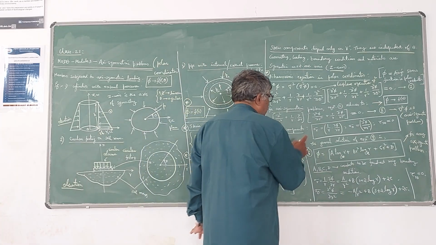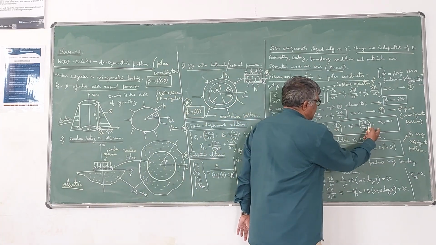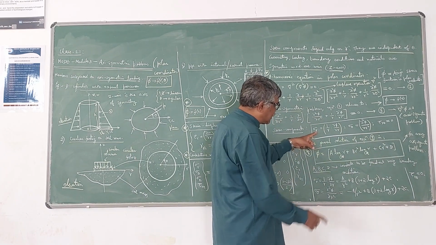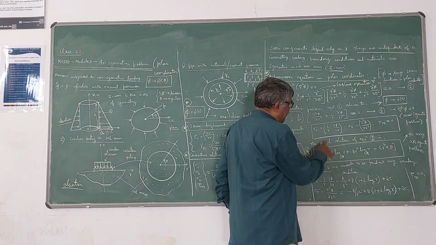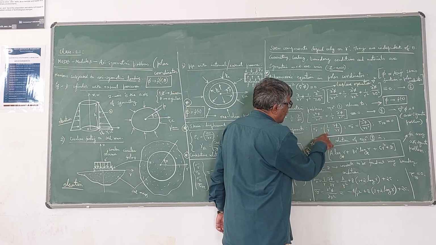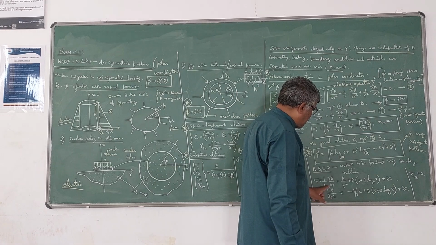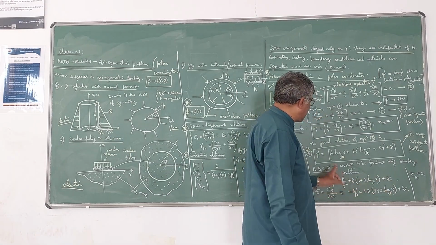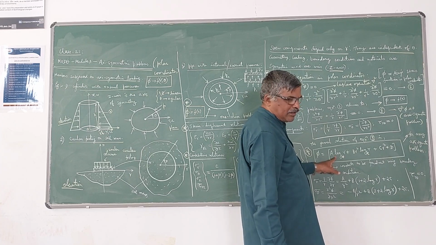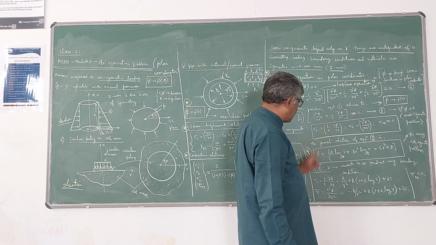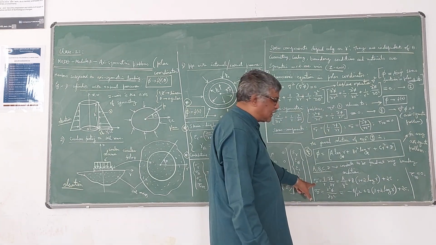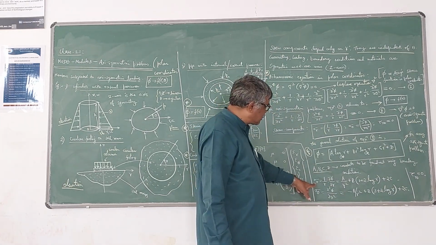Now, if you use these expressions for finding the stress components and apply them to this phi, then sigma r is (1/r) ∂φ/∂r, which gives this expression after differentiating with respect to r and multiplying by 1/r. This becomes your sigma r, the stress in the radial direction.